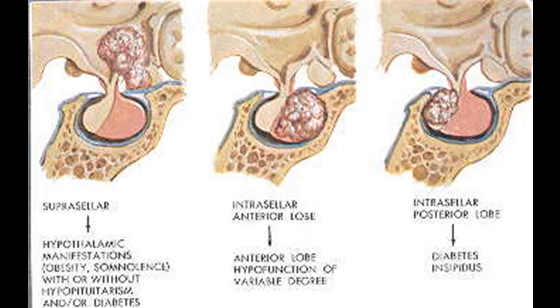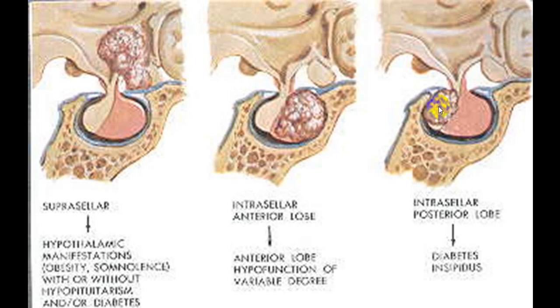Pituitary tumors. So if it is outside, this is suprasellar. This is inside the sella turcica, so this is intrasellar. And this is intrasellar and in the posterior lobe. This is anterior lobe. So this is a posterior lobe tumor. And if it is hypersecreting, it will produce a particular syndrome.